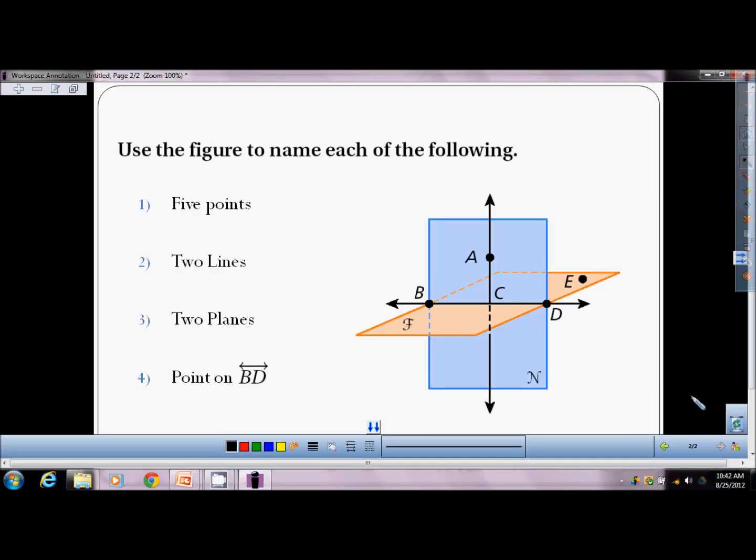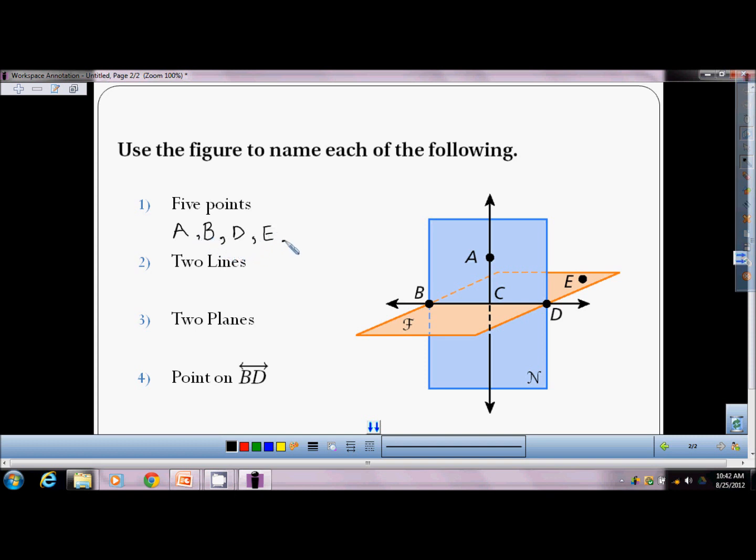Okay, now let's work through some examples. For this one, it says, use the figure to name each of the following. We're going to name 5 points. Now, to name a point, we just use the letter that's next to that point. So this right here is called point A, and we just put the letter. I see point B. There's also point D and point E. So we separate each one by a comma.